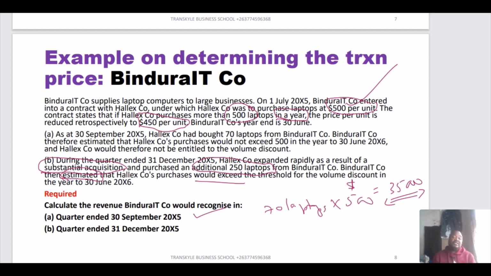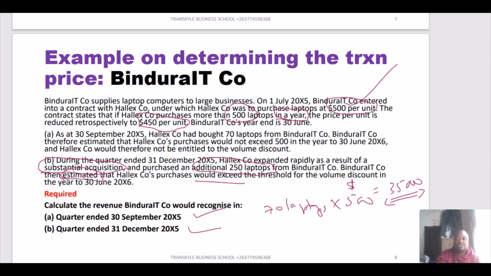So how are we going to recognize the revenue? The revenue now is going to be the revenue for the quarter ended 31 December 20x5.